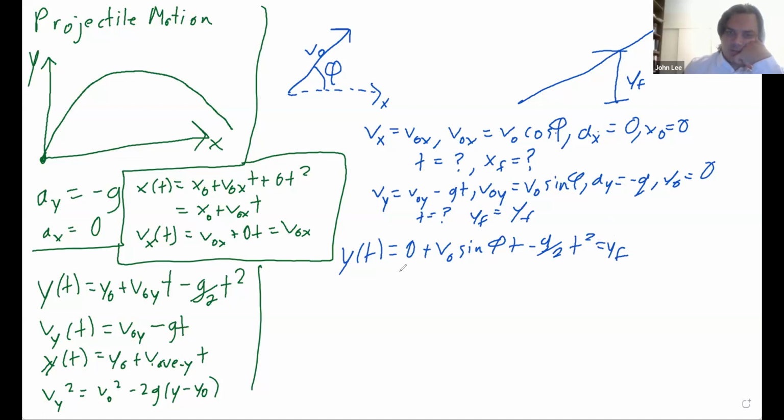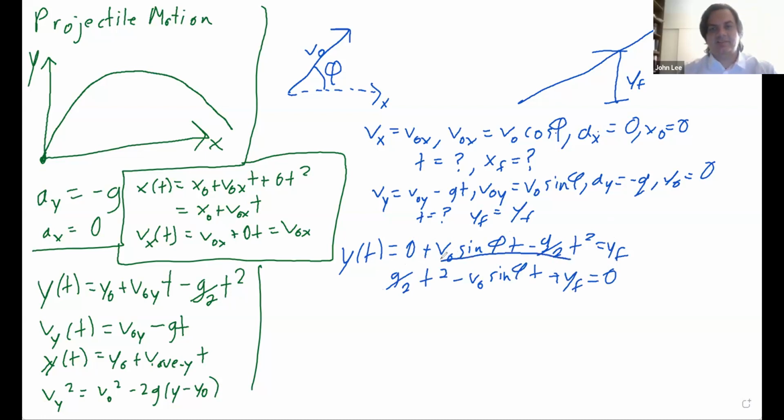So g over 2 t squared minus v naught sine phi t plus y final equals 0, where I just subtracted the g over 2 t squared and the v naught sine phi t from both sides to get 0 on the left-hand side, and g over 2 t squared minus v naught sine phi t plus y final on the right-hand side. And then I switched those sides because that's the convention.